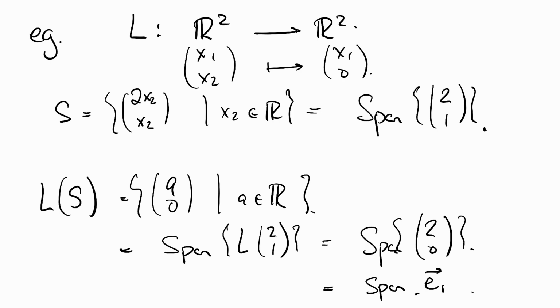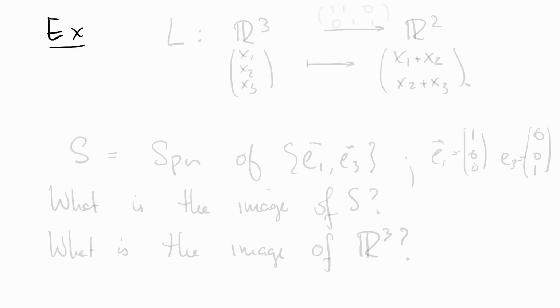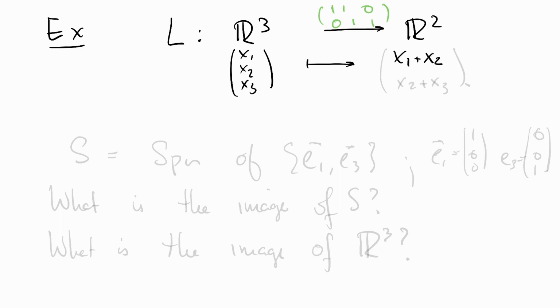All right. Exercise for you. Say L is the linear transformation from R3 to R2. This is represented by a 2 by 3 matrix, [1, 1, 0; 0, 1, 1]. And here's what it does. It sends the vector (x1, x2, x3) to (x1 + x2, x2 + x3).